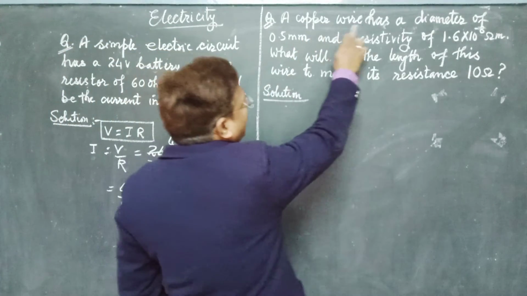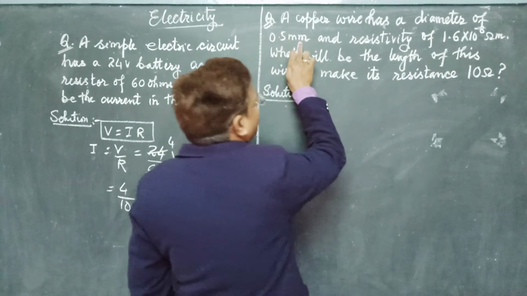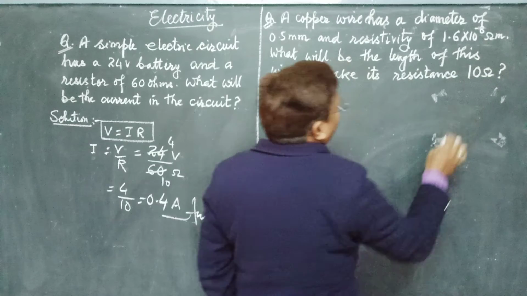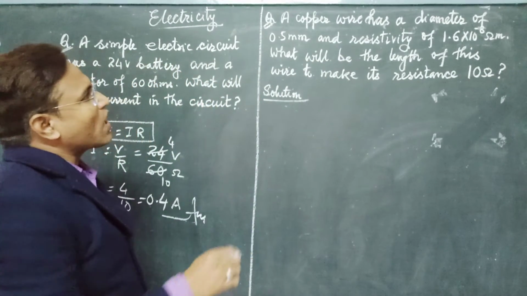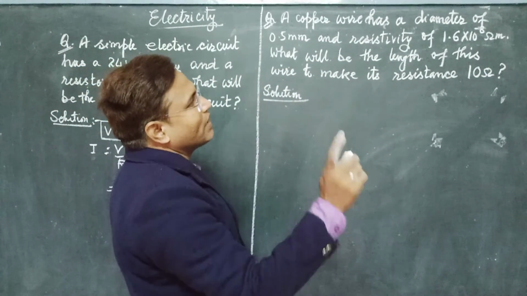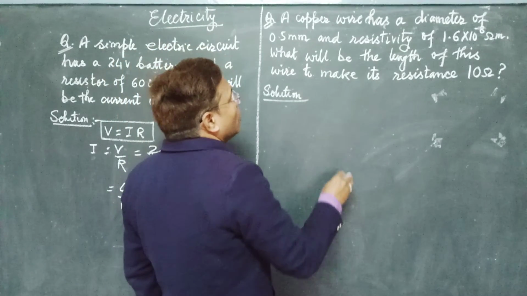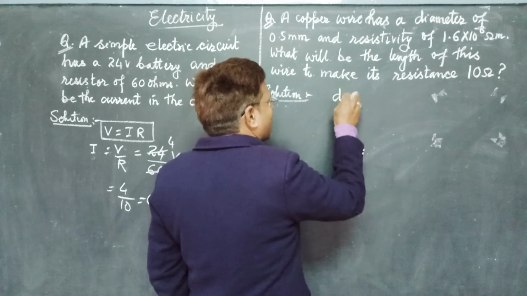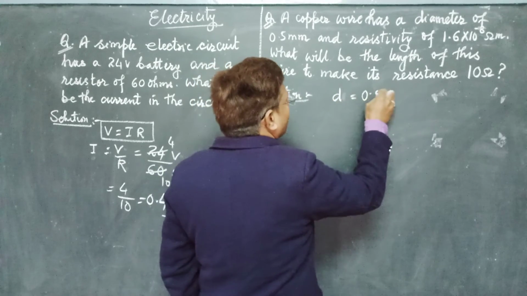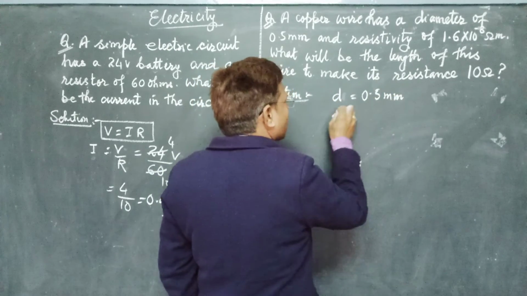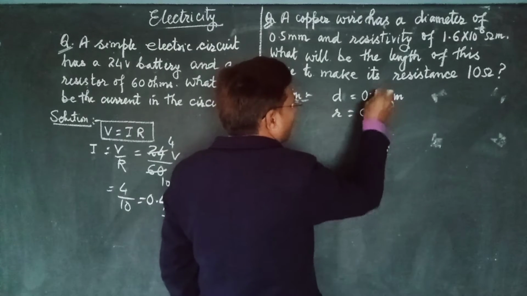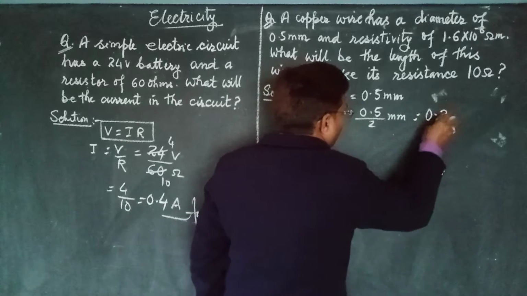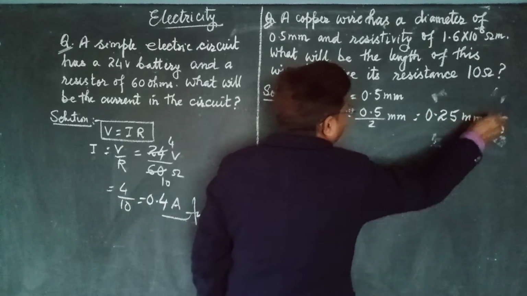A copper wire has a diameter of 0.5 millimeter and a resistivity of 1.6 into 10 to the power minus 8 ohm meter. What will be the length of this wire to make its resistance 10 ohm? You are given the diameter, 0.5 millimeter. So radius will be 0.5 by 2 millimeter, which is 0.25 millimeter.